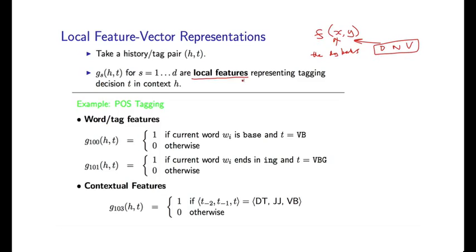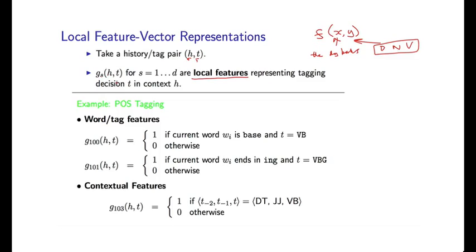Now I'm going to define local features which just look at a history tag pair. They look at a very small window: a sequence of 3 consecutive tags, because a history contains 2 previous tags, and then we look at this third tag. I'll use the notation little g for these local features. So g sub s is a function that takes a history tag pair as input and returns some value as its output.